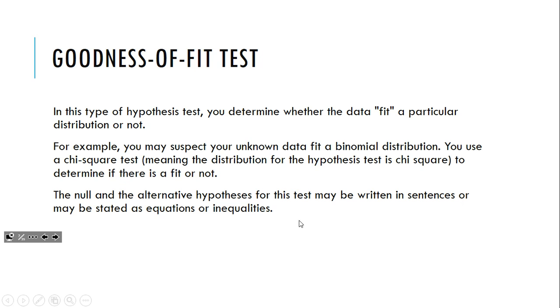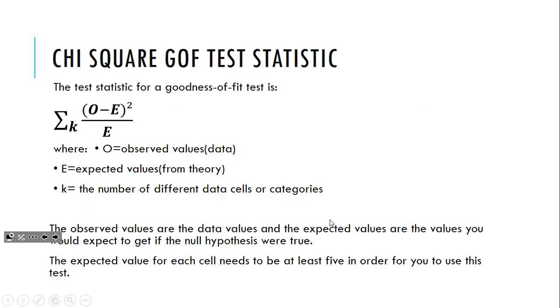And the null and alternative hypotheses for this test may be written in sentences or be stated as equations or inequalities. Sometimes they're just a little bit easier to write in sentences, because we don't have variables to define for each of them, which we could do, but it's just easier sometimes to write it out, which is okay.